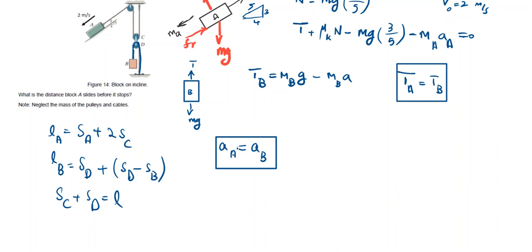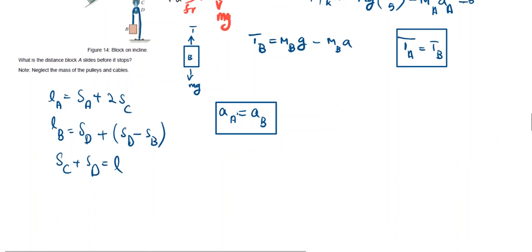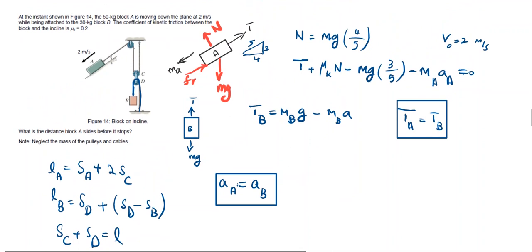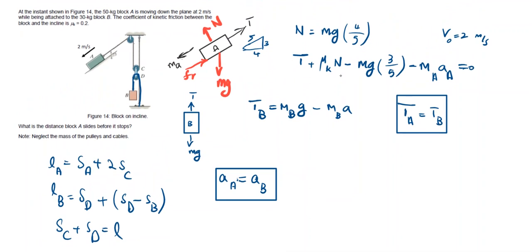So now what I'm going to do is equate the tensions with one another to find the acceleration. I'm sliding the page over a bit. I'm going to write down the whole things, plus this value plus this value.